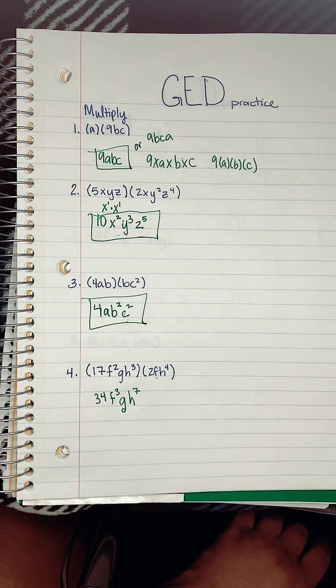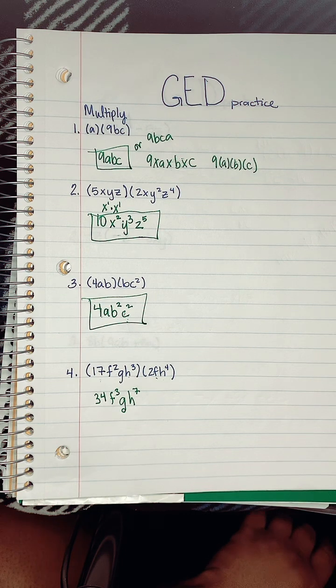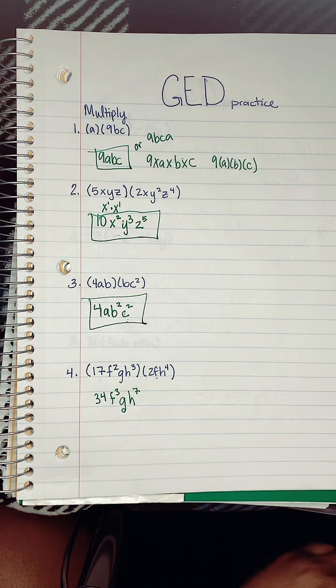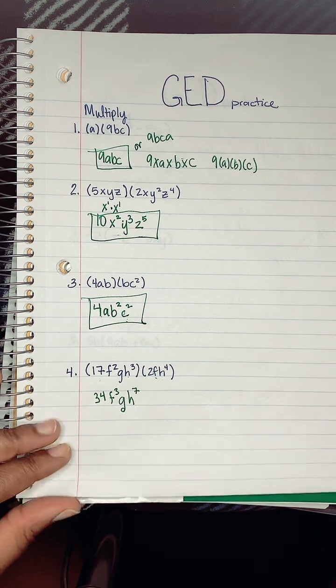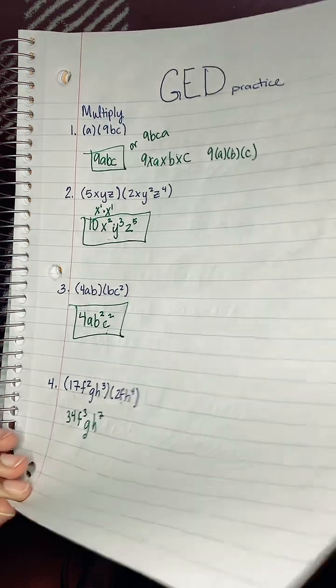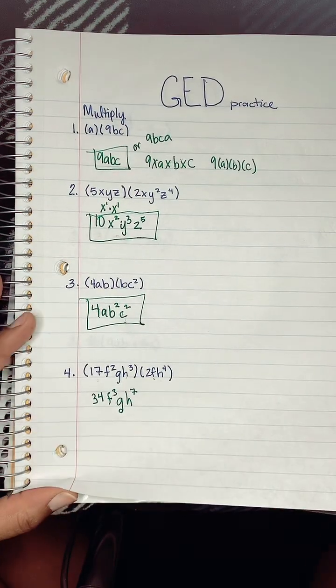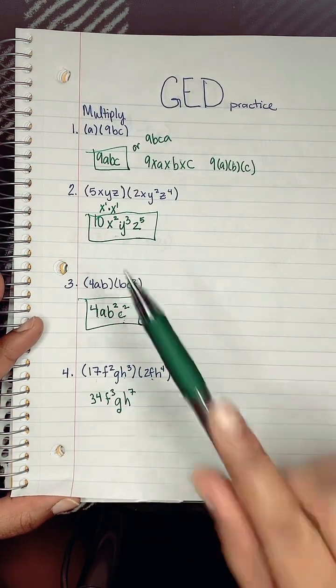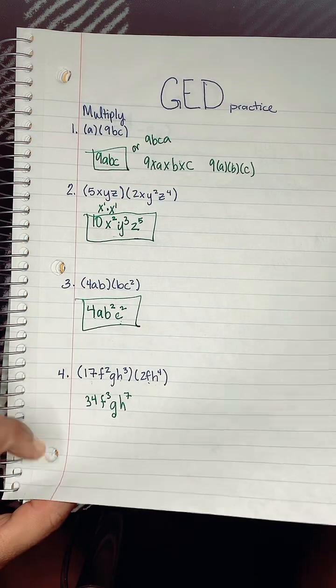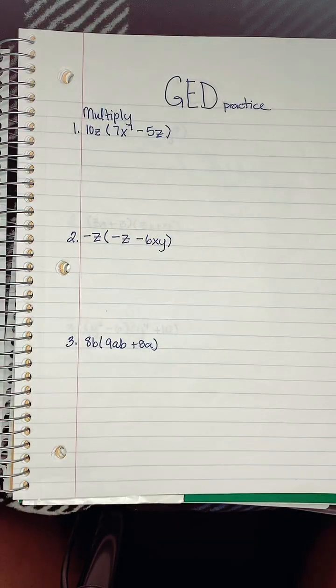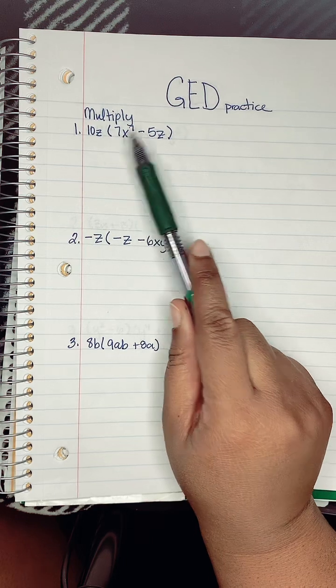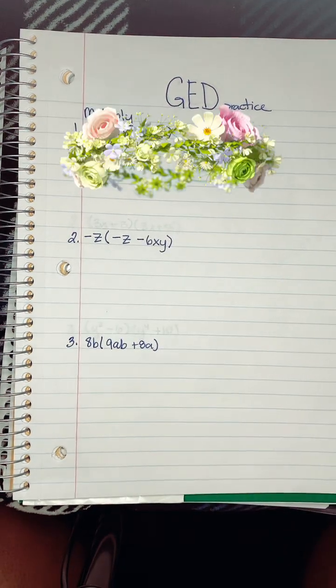Good. Yes. Okay. So this is monomial times a monomial. Okay. What we just did. Now what we're going to go to is a monomial times a binomial. We're going to use that distributive property.